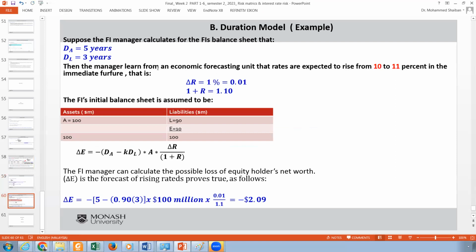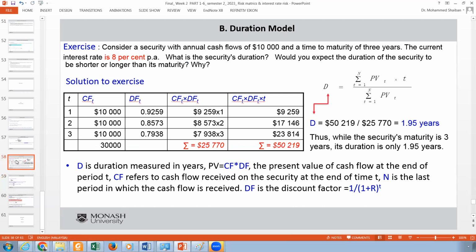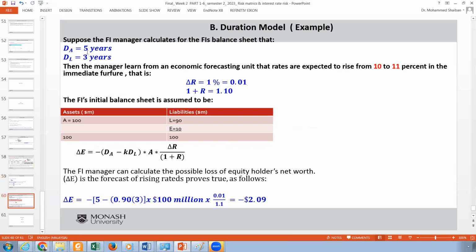If you look at this example, we have a duration of assets of 5 years. We use this table. We don't have the numbers now, but I already gave it to you. Instead of 1.95 years, all the assets of this bank have a duration of 5 years. The duration of liabilities is 3 years. Now, this is the balance sheet of the bank.